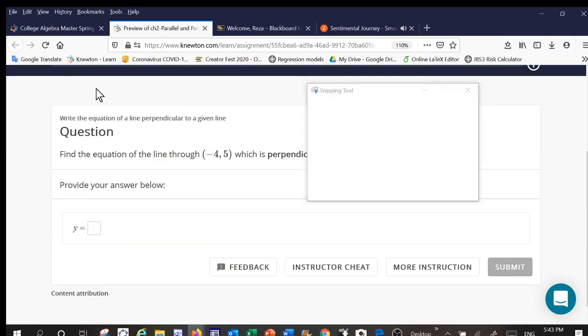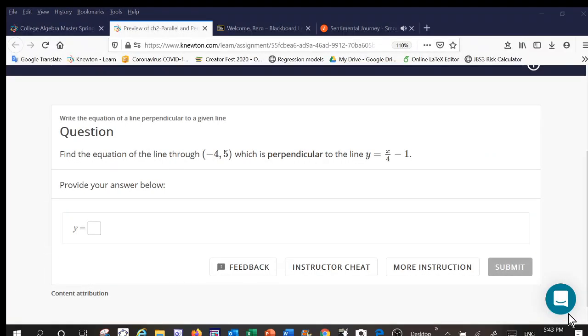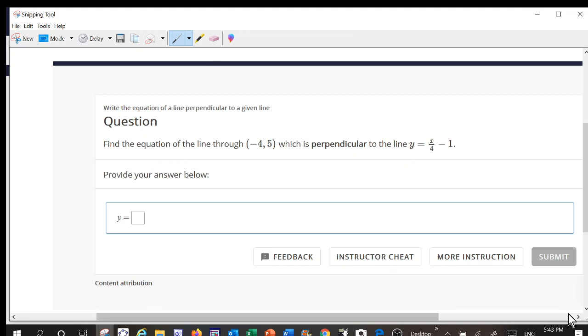So let me have enough space here so I can talk about it. When two lines are parallel, that means they have the same rate. If they're not the same rate, if one increases this way and the other this way, then they eventually intersect.